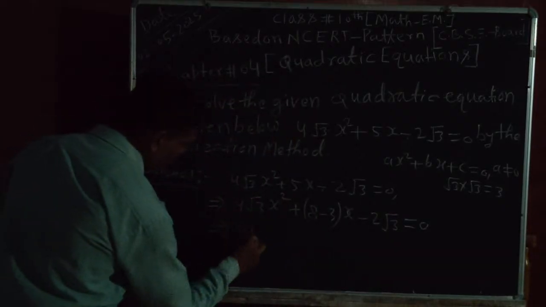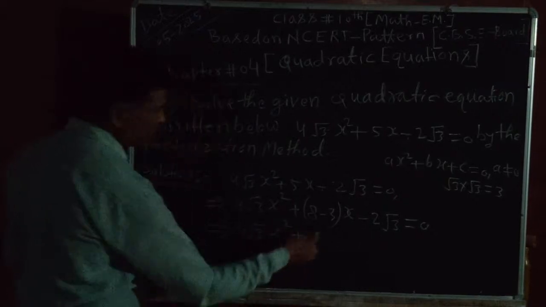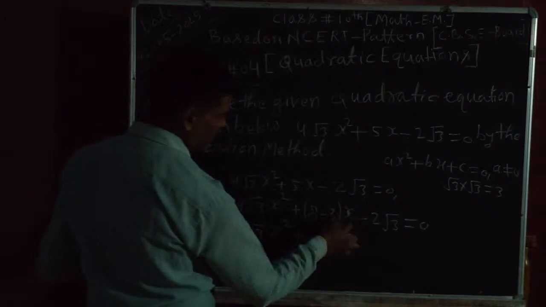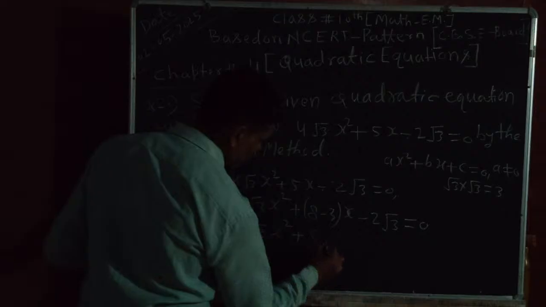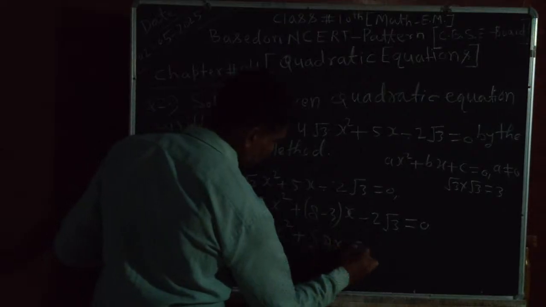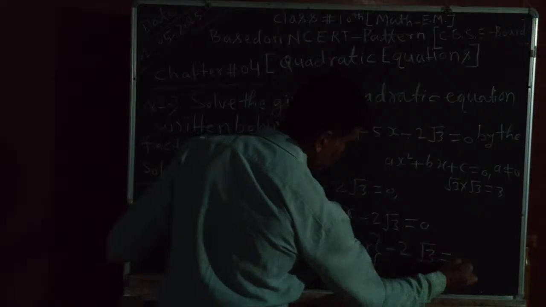Here I will write 4 into root 3 into x square. Now I will multiply x with 8 and also x with 3. After multiplication I will write x with 8 minus 3 into x, and then minus 2 root 3, that is equal to 0.